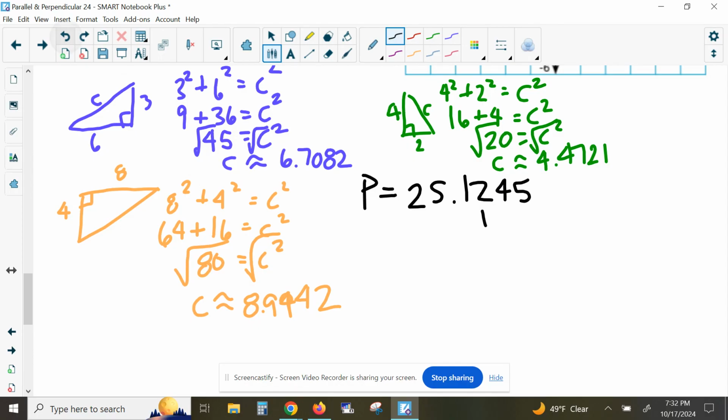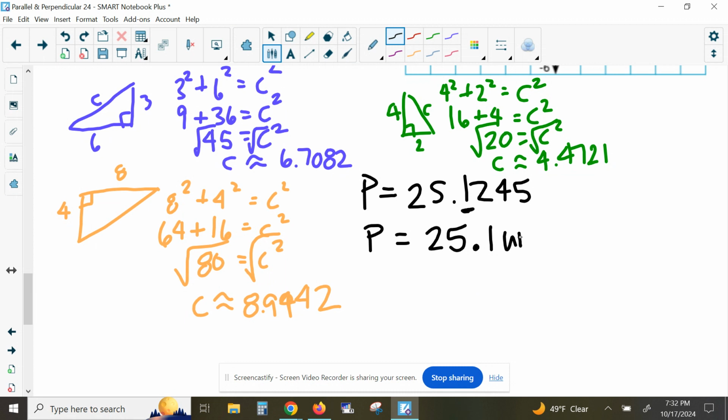Oopsie. Tenth place is this 1 right here. But remember, you've got to look at the 2 to see if you need to shove him or not. So the correct answer would be the perimeter is 25.1, because you cut it off at the 1's place, because I'm not shoving it. Because this 2 is not 5 or above, so no shoving.